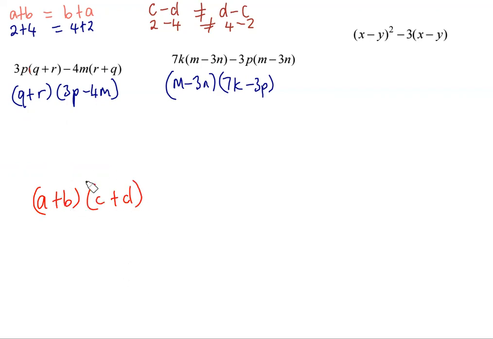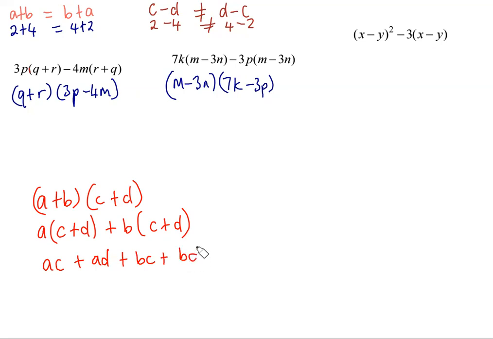We learned that in such a scenario, we take A outside, then it's going to be C plus D, then plus B, and we are left with C plus D. That's how we could easily expand and say this is going to be AC plus AD, plus BC, plus BD when removing the brackets. That's what we have learned before when we were doing expansion.